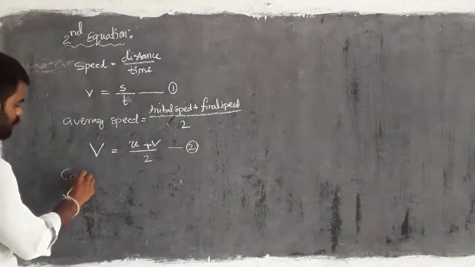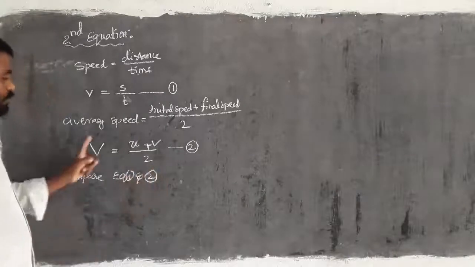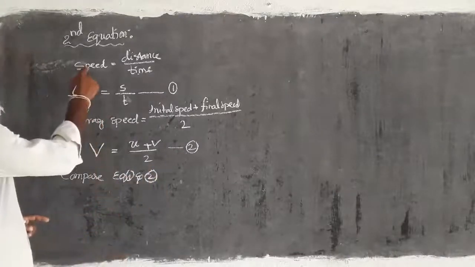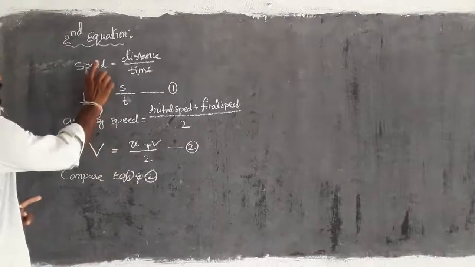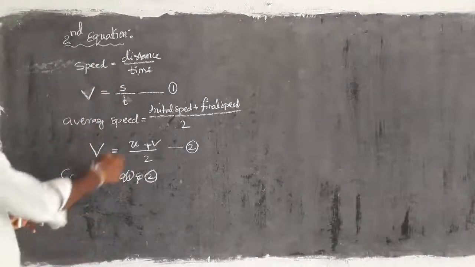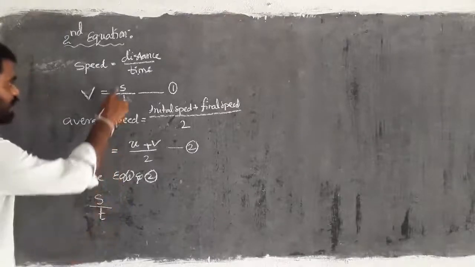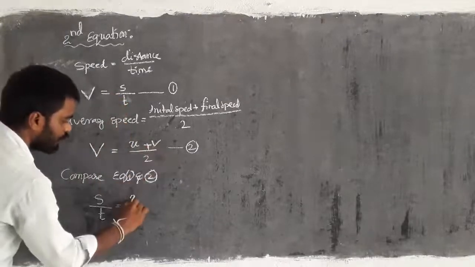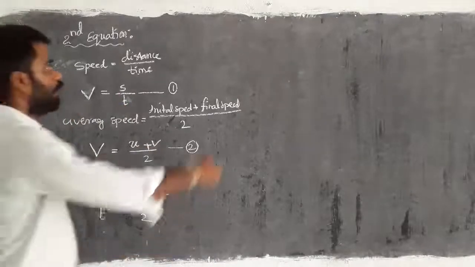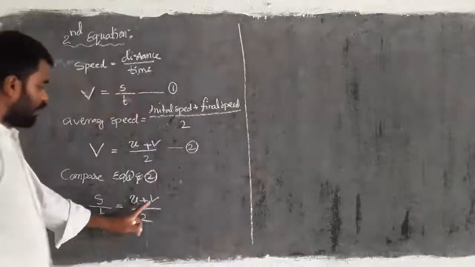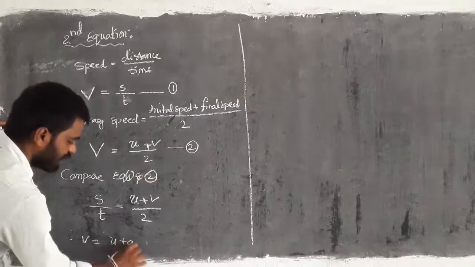So just compare equation 1 and 2, right? Whatever the speed, the average speed there is, you have to consider as equal. So these two v's you consider equal, meaning the same. Then ultimately these two values are equal. For that we can write it like this: s by t is equal to u plus v by 2. Then you have to do one thing here: whatever the v value is there, we know that v is u plus at, right?